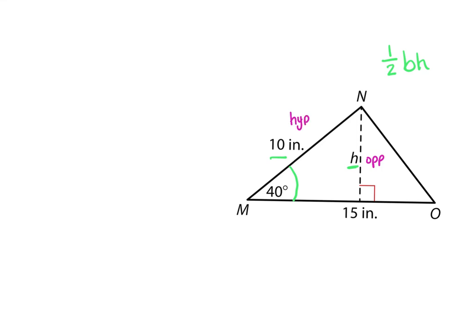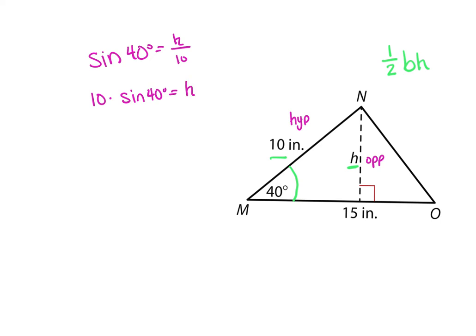Sine. So to find the height of my triangle, I could say sine of 40 degrees equals opposite, or the height that I'm looking for, over hypotenuse, which is 10. So I just take sine of 40 and multiply it by 10, and I will get my height.